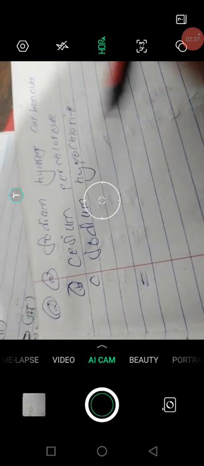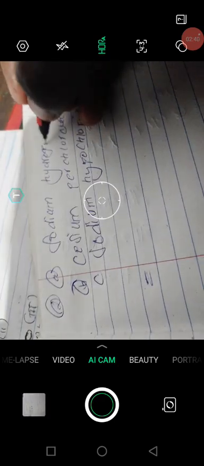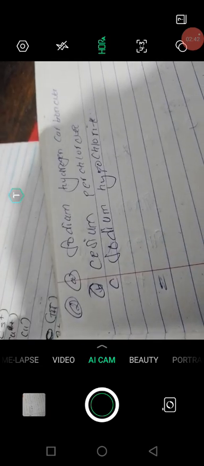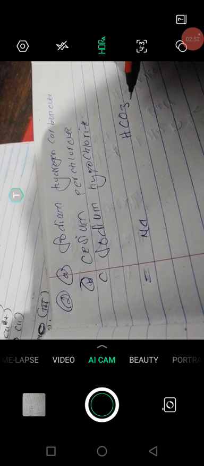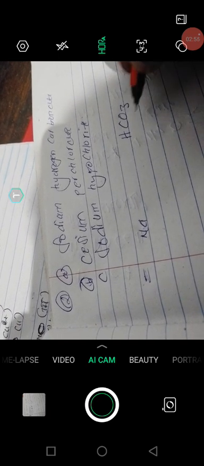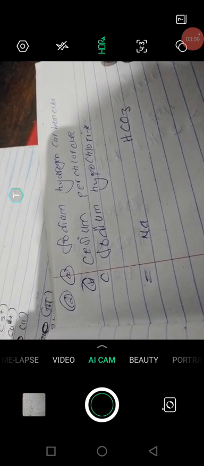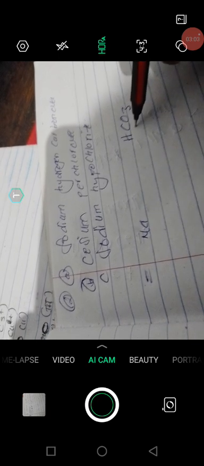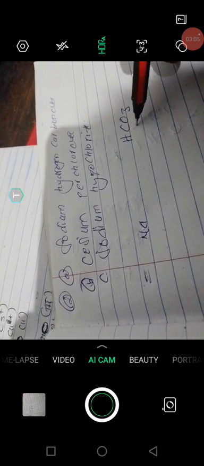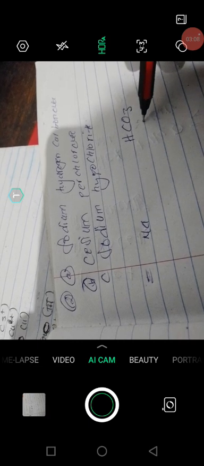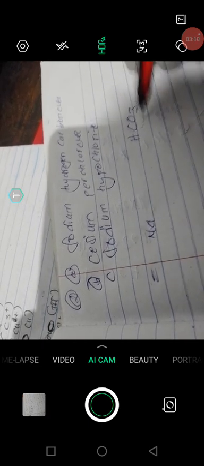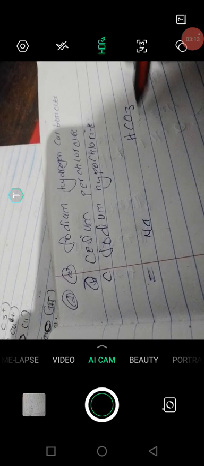If you start with number one, sodium hydrogen carbonate, like what I said here, I've got sodium and also I've got hydrogen carbonate, or bicarbonate in other books. I've explained this, I've given you these valences and these radicals. This is bicarbonate or hydrogen carbonate, right? What's the valence of bicarbonate, hydrogen carbonate?